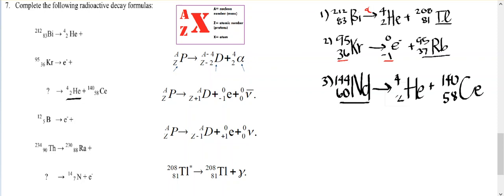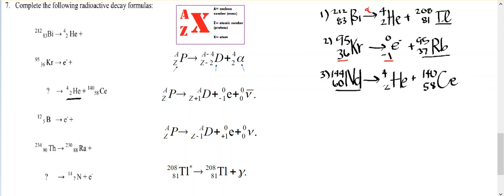Problem 4 follows the same pattern as number 2 did because it again is a beta minus decay because it has an electron. So when we start with boron and we put it through beta decay, we conserve the nucleon number and we compensate for the loss of charge from the electron.